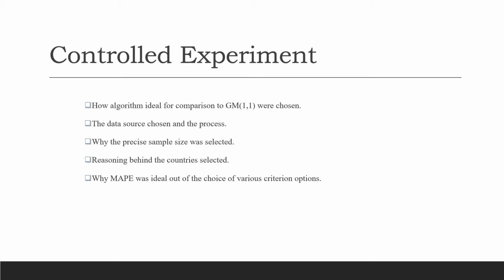So now we have the algorithm itself translated and validated. The next step is to identify which other algorithms to compare the GM11 with. There are a vast number of algorithms out there, but currently the most proposed algorithms for early stage epidemic forecasting are growth models.